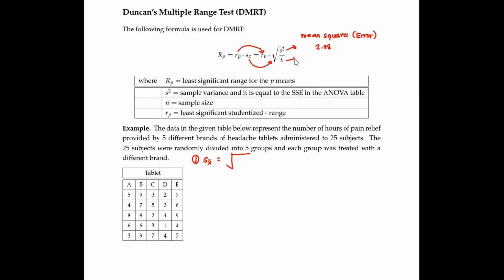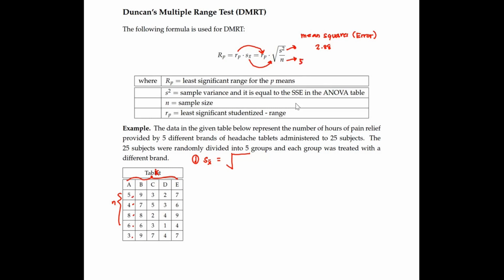And then n here is the number of observations for each k. So how many are there? 1, 2, 3, 4, 5.